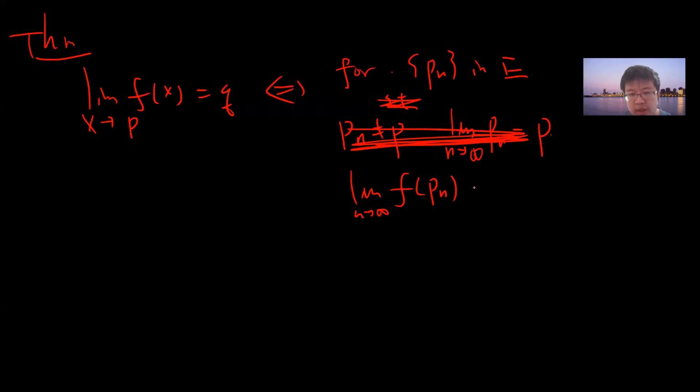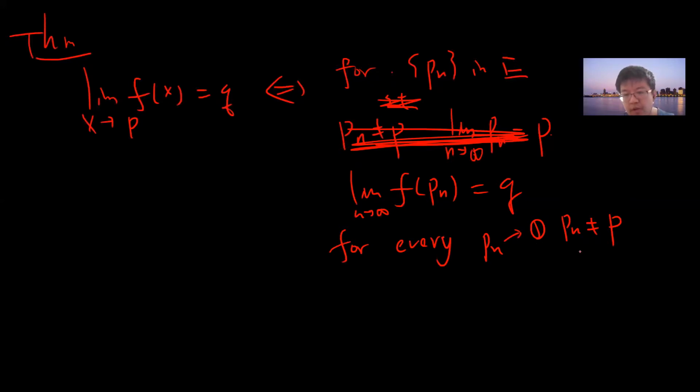So for every sequence satisfying these two conditions, the first is p_n not equal to p, the second is that the limit of p_n equals p.